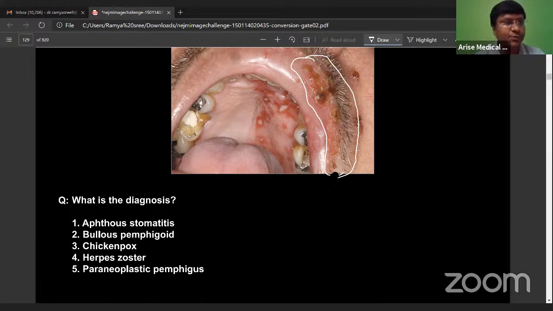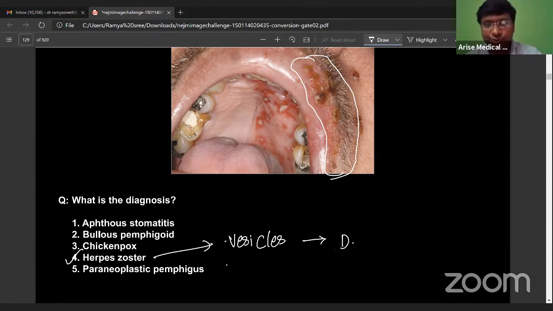Very good, Pooja Selvam. So the answer here is herpes zoster. The description of the lesions in herpes zoster is that vesicles will be there, and these vesicles will be in an appropriate dermatomal distribution.